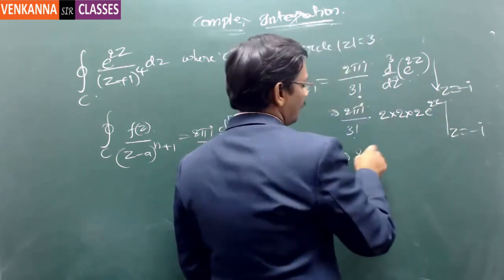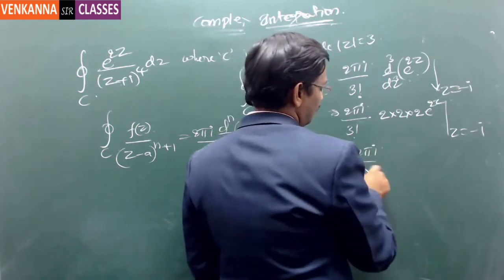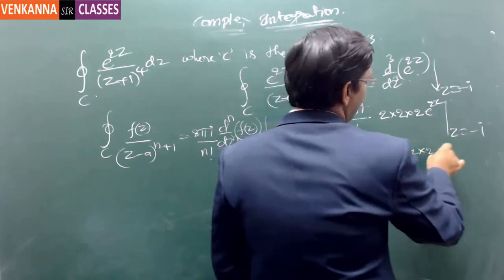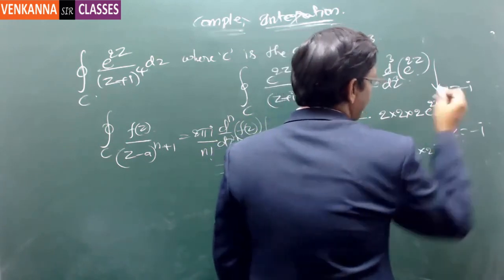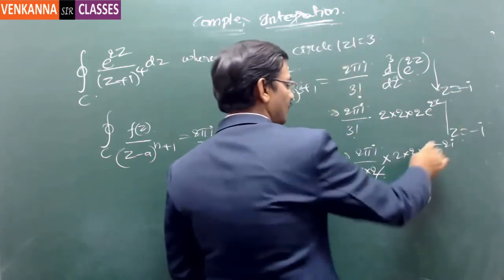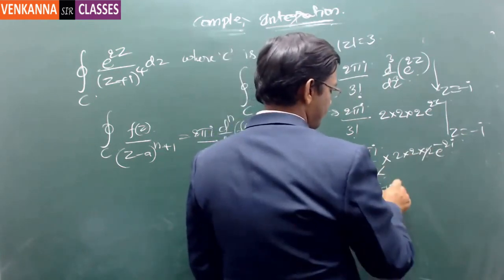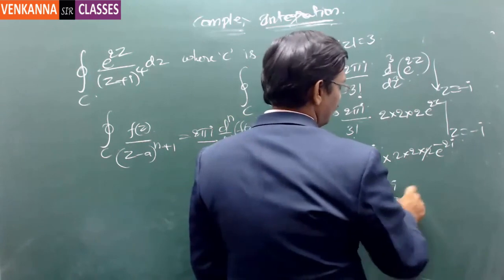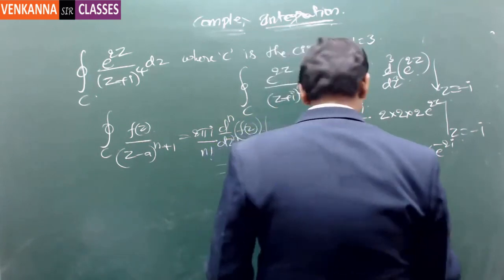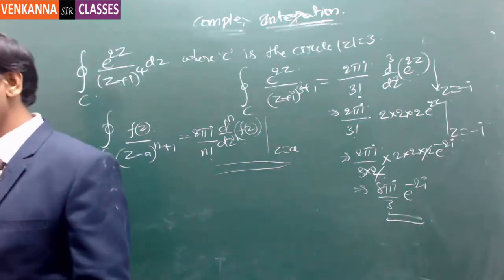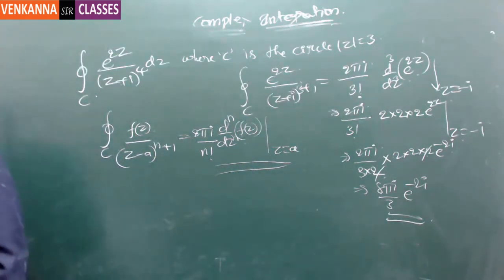This is 2 pi i divided by 3 into 2 into 2 into 2 into 2 into e power minus 2i. So this 2 will cancel out, and this is 8 pi i by 3 e power minus 2i. This is correct. Got it?